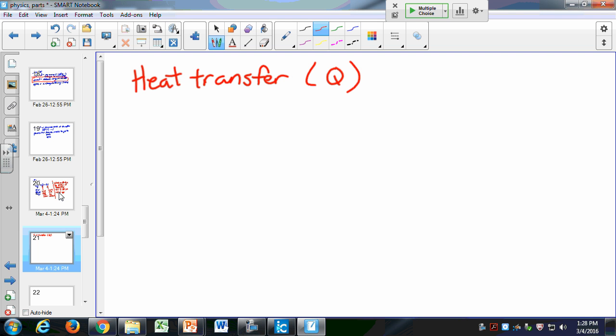The units that we use for it are energy units, so we'll use joules or calories. Either one. Joules is the SI unit, but people often use calories for this. I don't know why. But we often use calories.